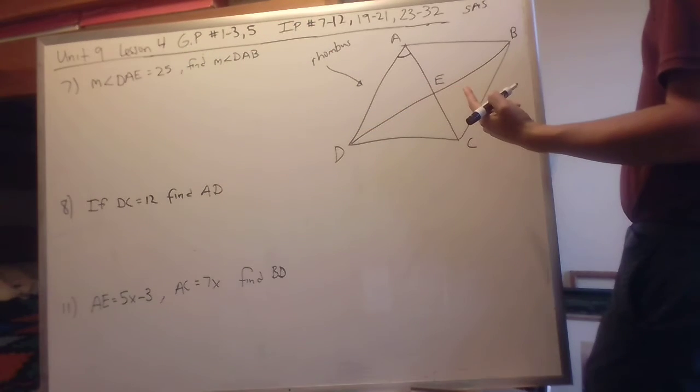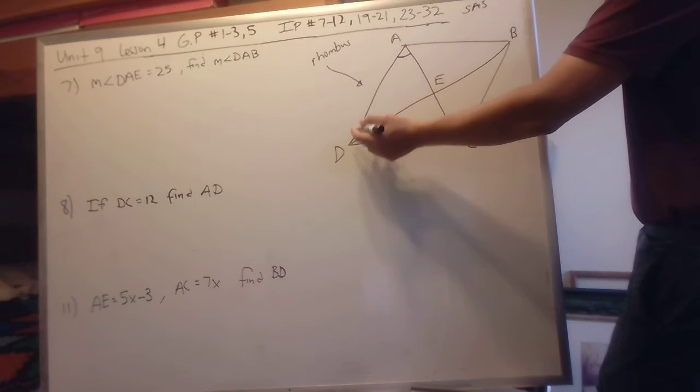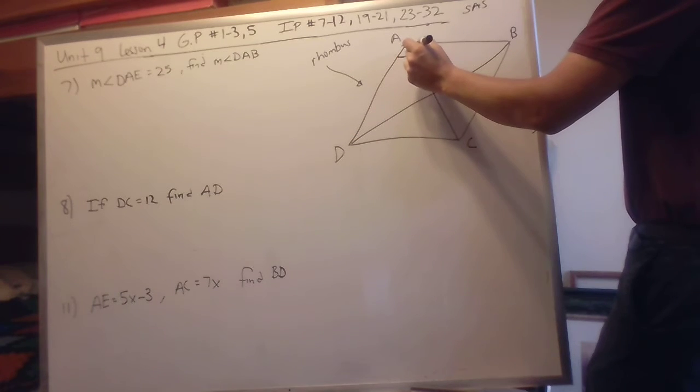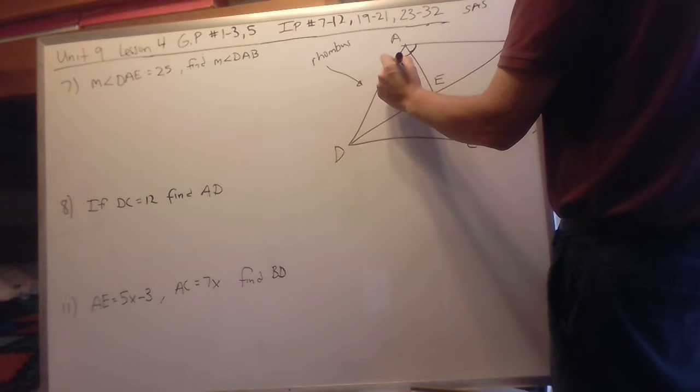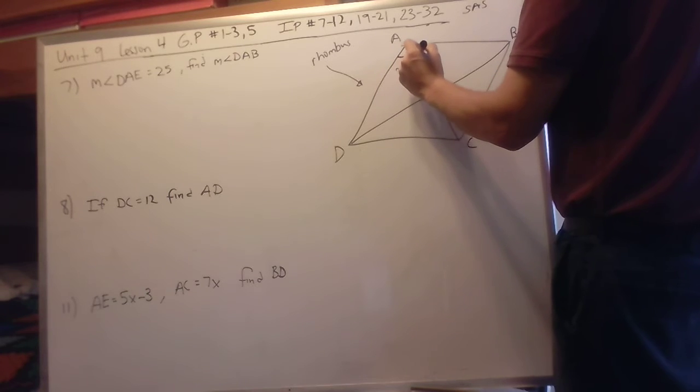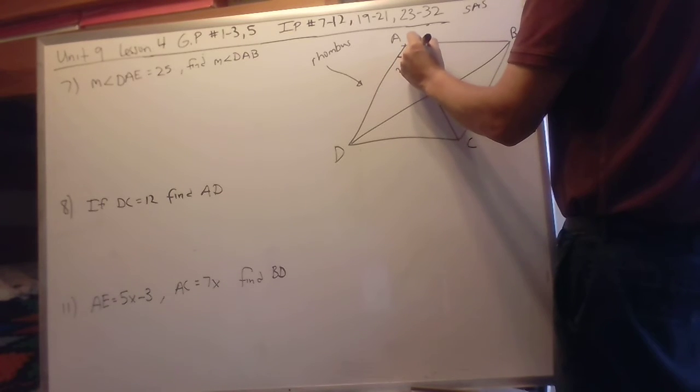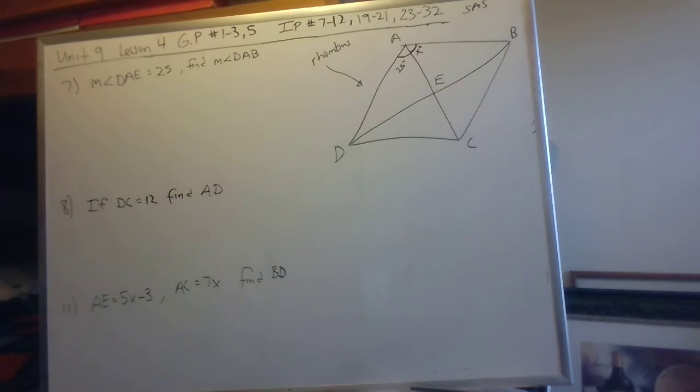And it says find the measurement of DAB. So I want you to find this measurement right here. We know that this measurement is 25 degrees, and it wants us to find x right there.